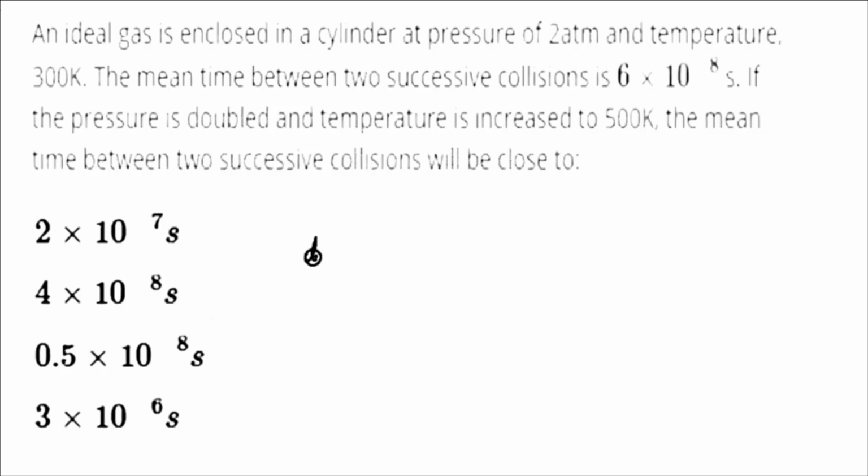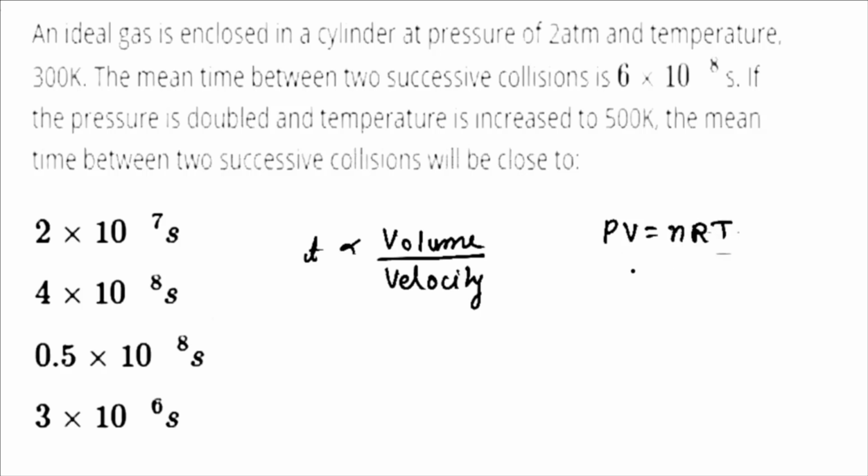So we know that mean time is directly proportional to volume by velocity. So from the gas equation we know that PV is equal to nRT. So if I talk about the volume, volume is nRT by P. So volume is proportional to T by P, right?